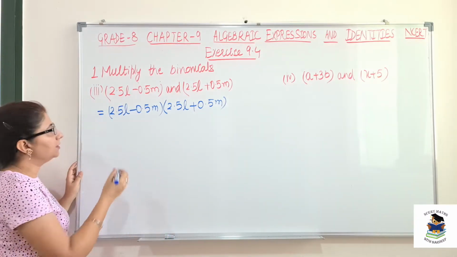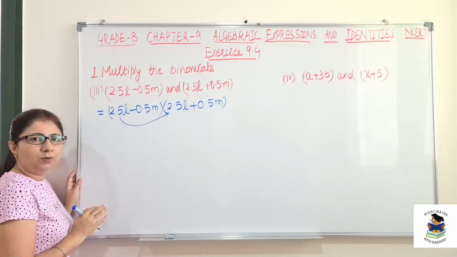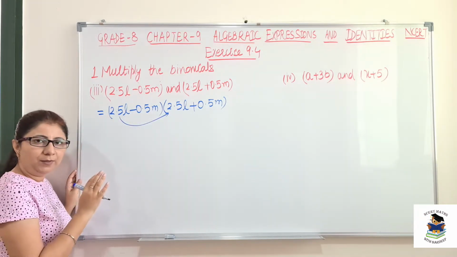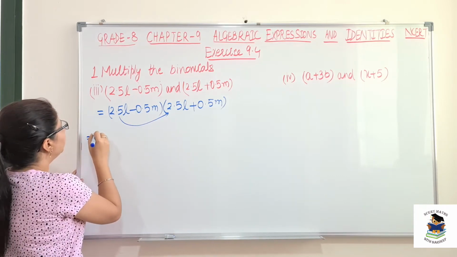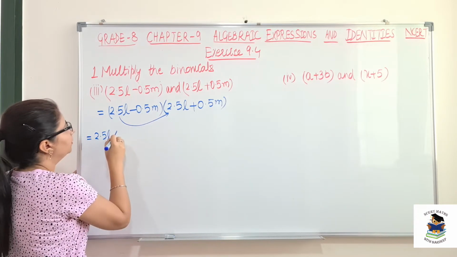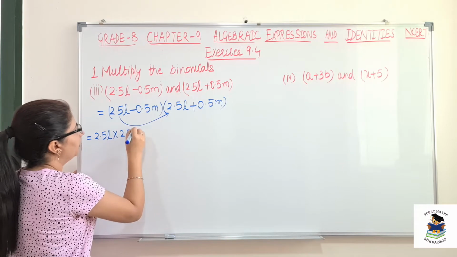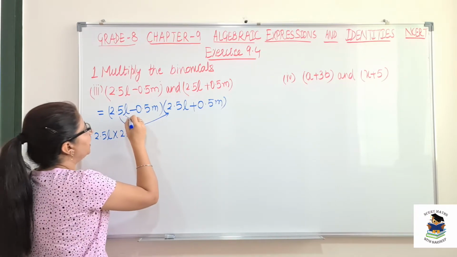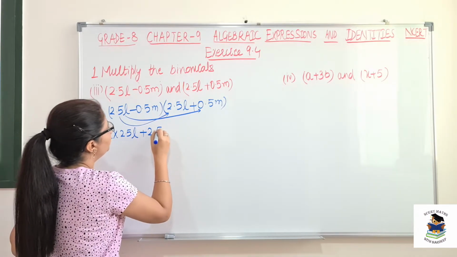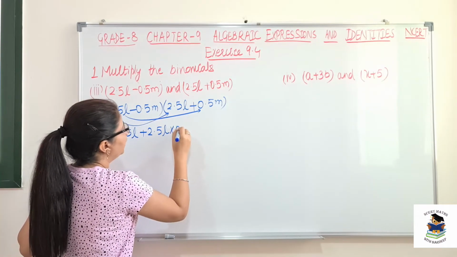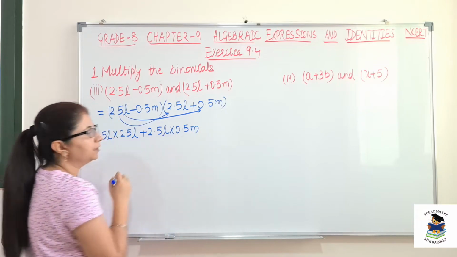So again the same rule. First term of the first binomial should be multiplied with every term of the second binomial. So we will get 2.5l multiplied by 2.5l. Again this will go to the second term, that is 2.5l multiplied with 0.5m.